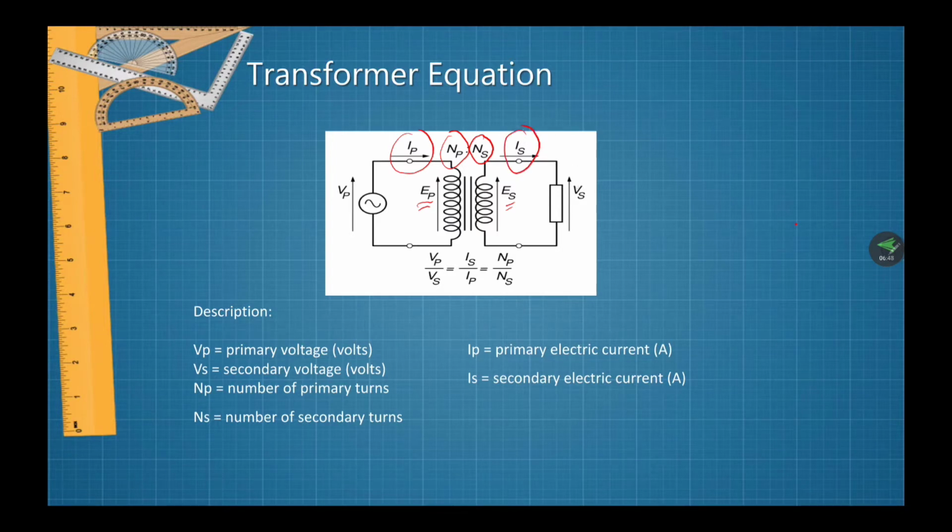IS is the secondary electric current, and VP here is the primary voltage, and VS is the secondary voltage. The equation is VP/VS = IS/IP = NP/NS.